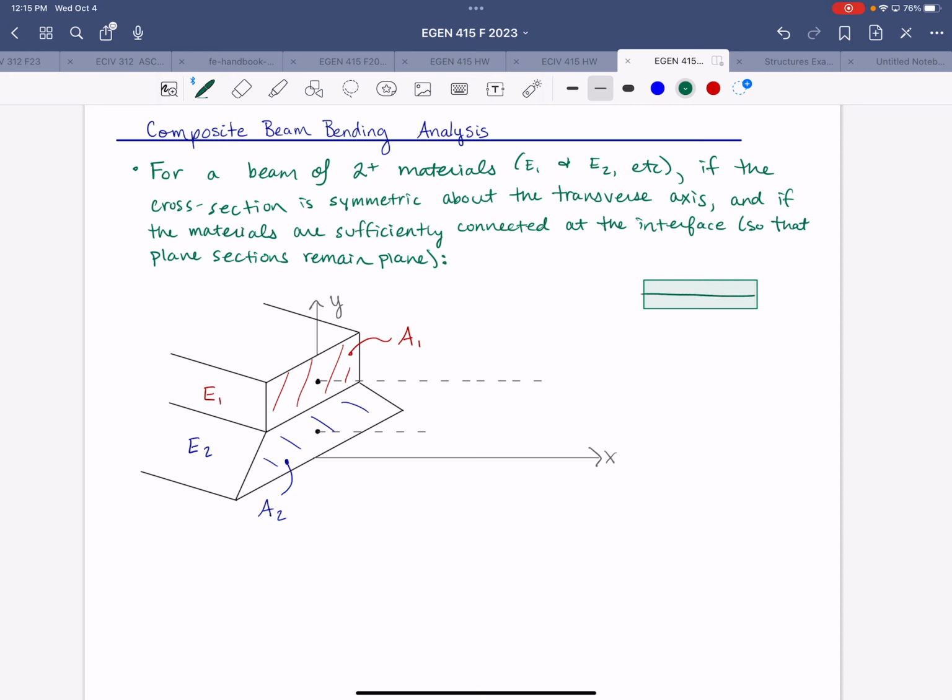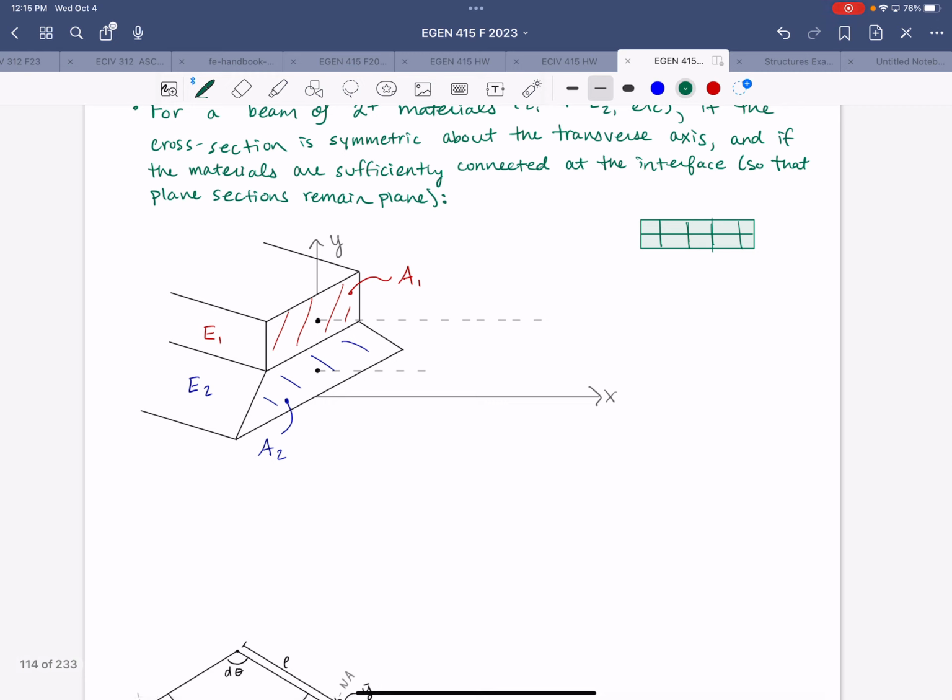If we have an unbent composite section like this, and we just divide it up into segments, after applying a moment to that, it will bend, something like that.